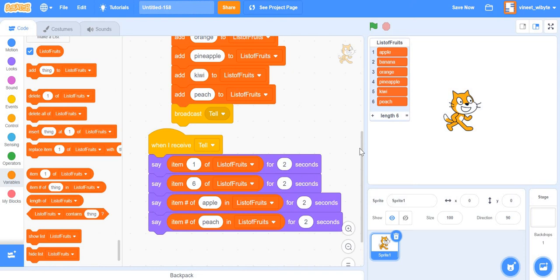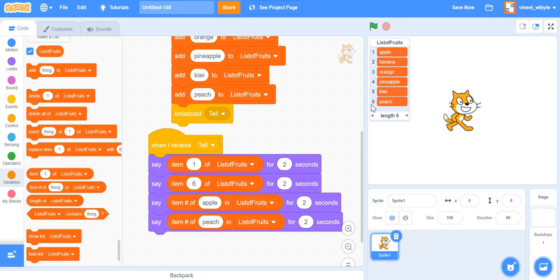Item number of apple, which is basically if I were to look for apple, which box should I open? That is one, right? That's why item number of apple was one. Item number of peach is six because the compartment that the sprite had to open to find that particular item was the compartment with the label number six, right? So basically that's item and item number.